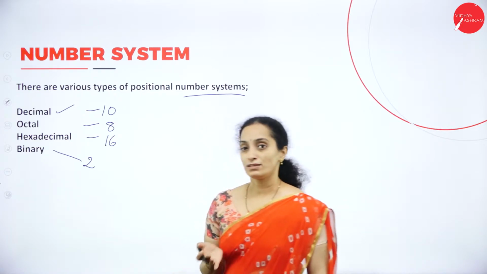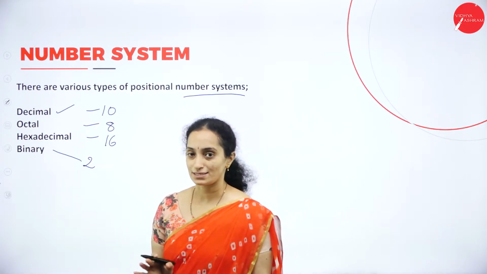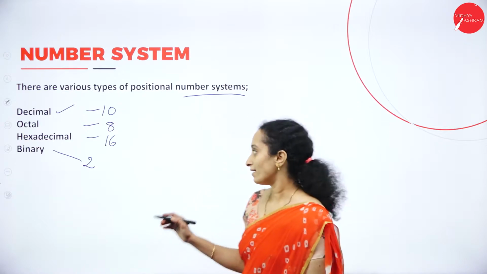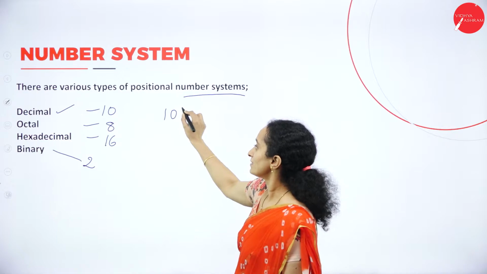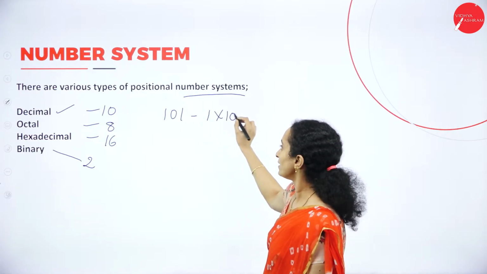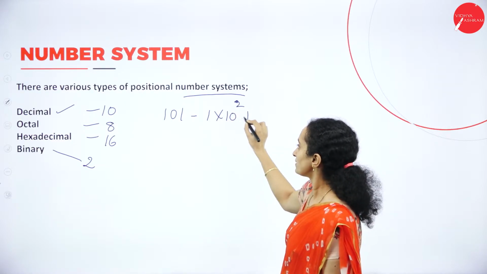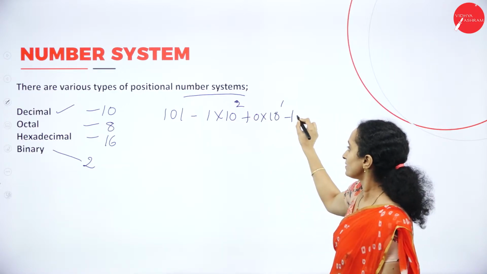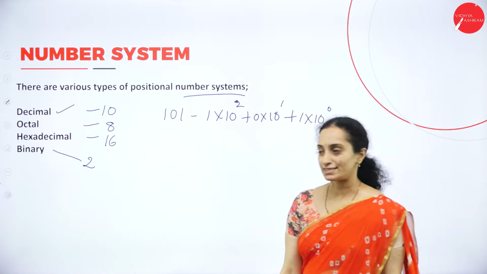Okay, after getting into number systems, we know how to represent numbers in the different number systems. Like for the decimal system, if it is 101, we can represent it as 1 into 10 to the power of 2 plus 0 into 10 to the power of 1 plus 1 into 10 to the power of 0 in decimal.